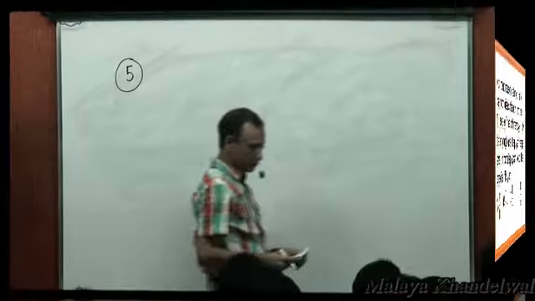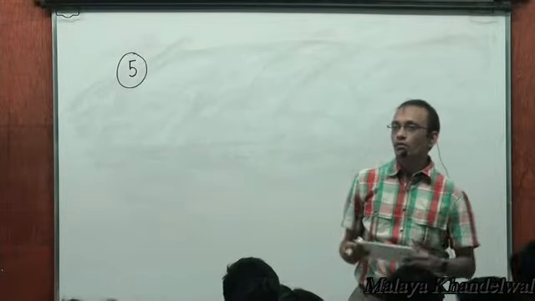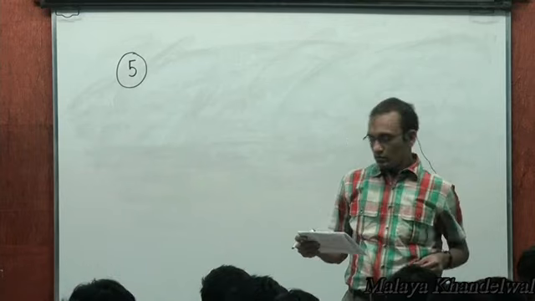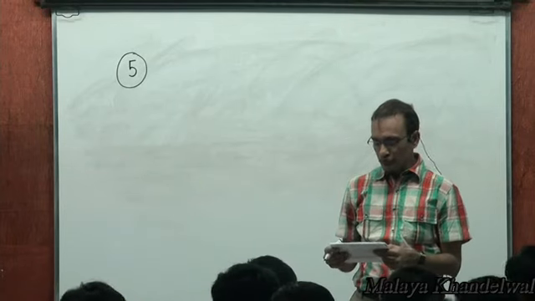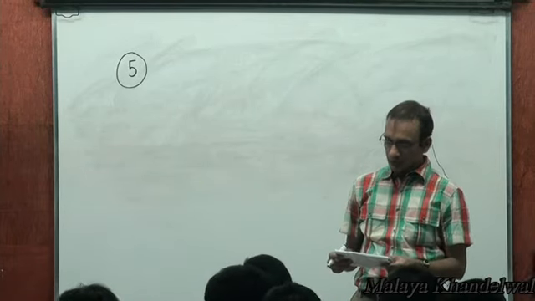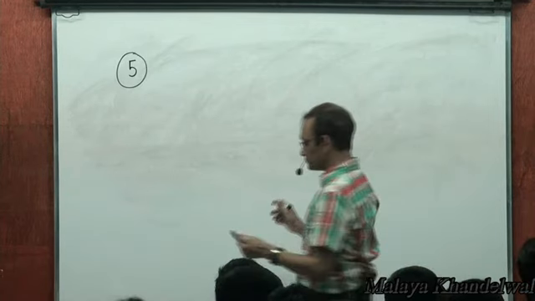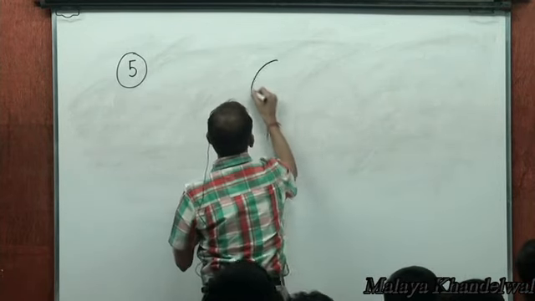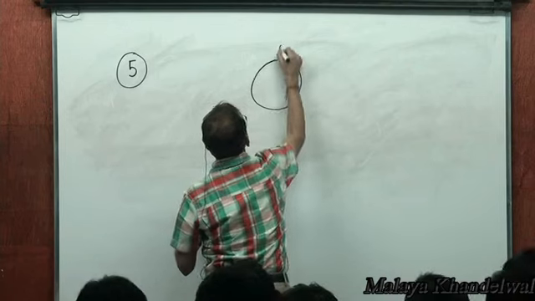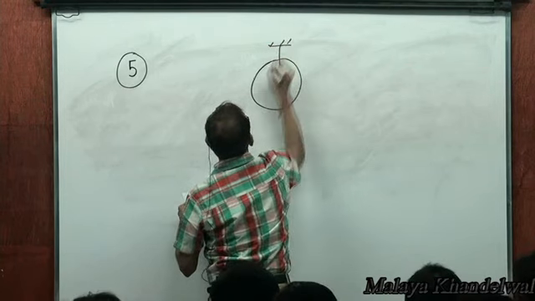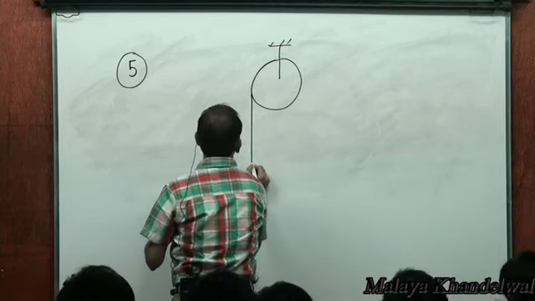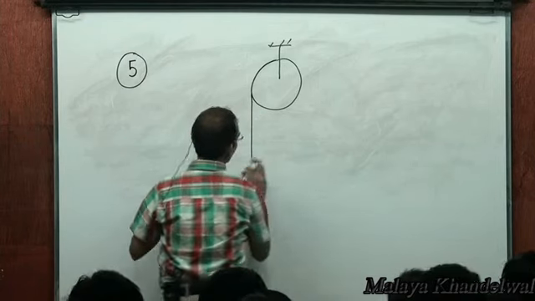Question 5. A rope thrown over a pulley has a ladder. This is a pulley. Has a ladder at one end.